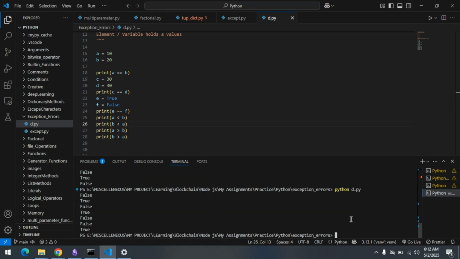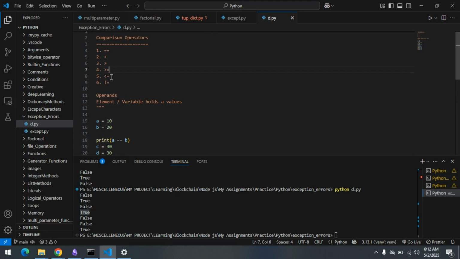But let's see the output in terms of true and false. So this is what it is: true because A is less than B; true because 10 is less than 20. And similarly, the rest of the statements give you the output accordingly.